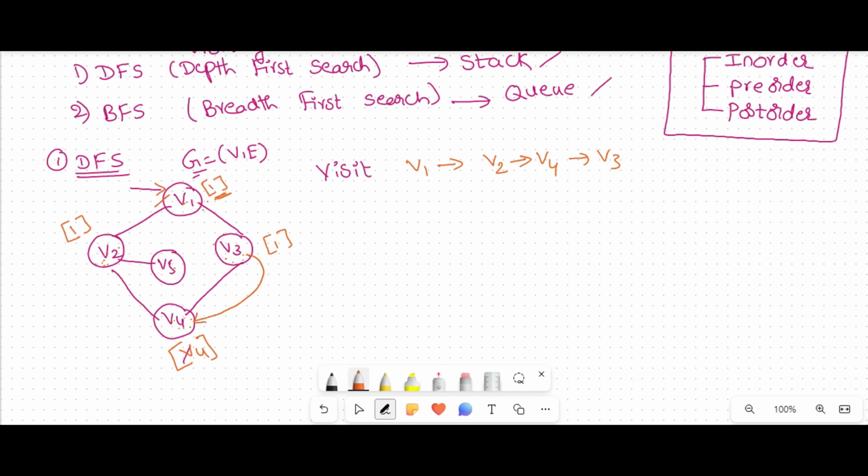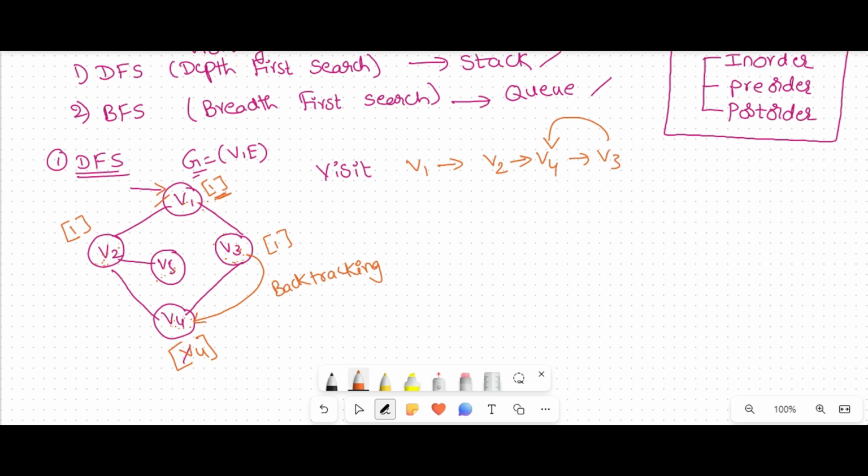Before going to V3, which city did I visit? V4. So move back to V4. V4 adjacent vertices are V2 and V3. Why am I using this backtracking? Because you have not visited all the vertices. V5 you have not visited, so you have to visit V5.